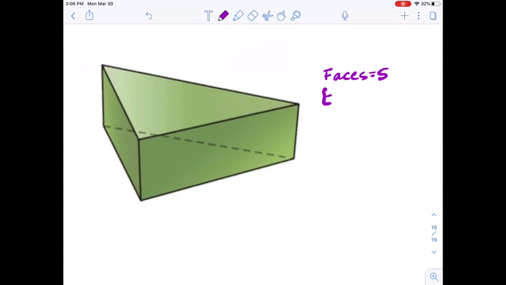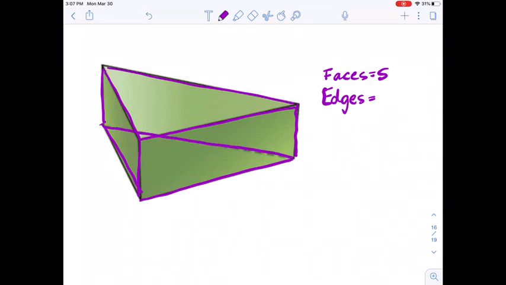Now that I've cleared off that work, how many edges do we have? Let's draw them like we've been doing. 1, 2, 3, 4, 5, 6, 7, 8. What's wrong?